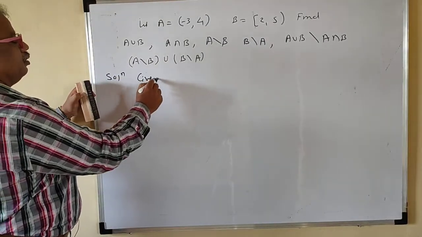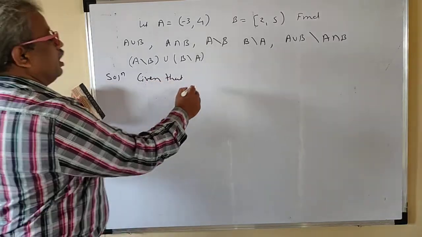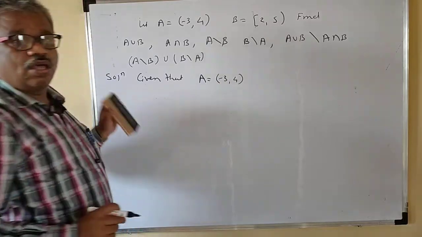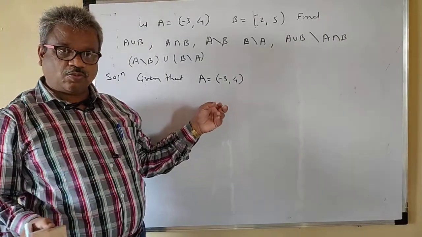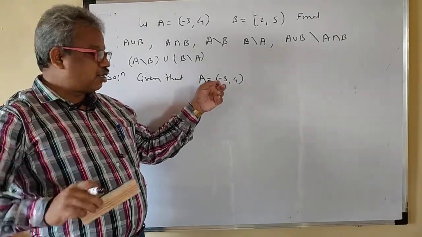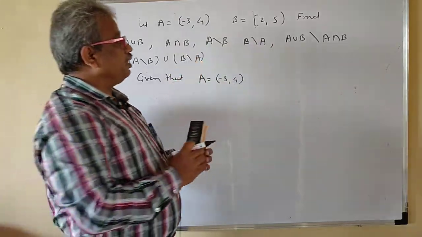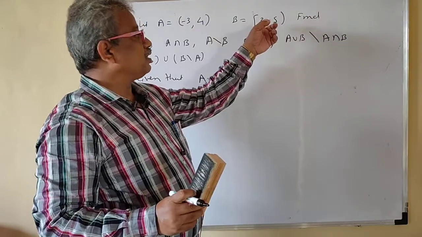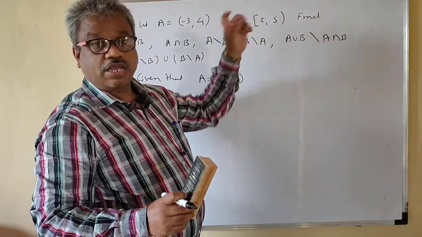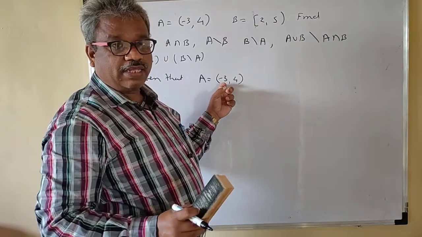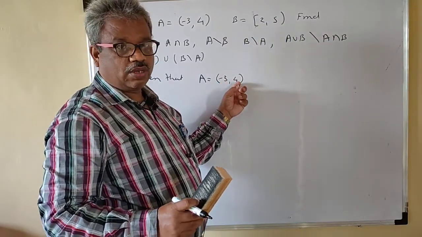Given that A is equal to open minus 3, 4. That means A is the set of all real numbers which lie between minus 3 and 4, and B is the set of all real numbers which lie between 2 and 5, including 2. Here 2 is included, 5 is not included; minus 3 is not included, 4 is not included. Right?